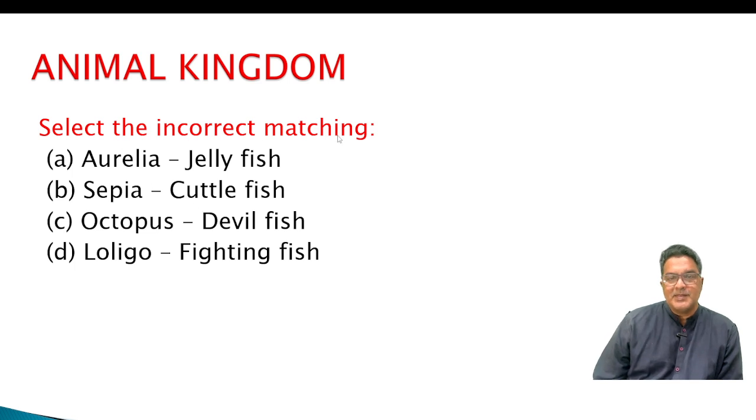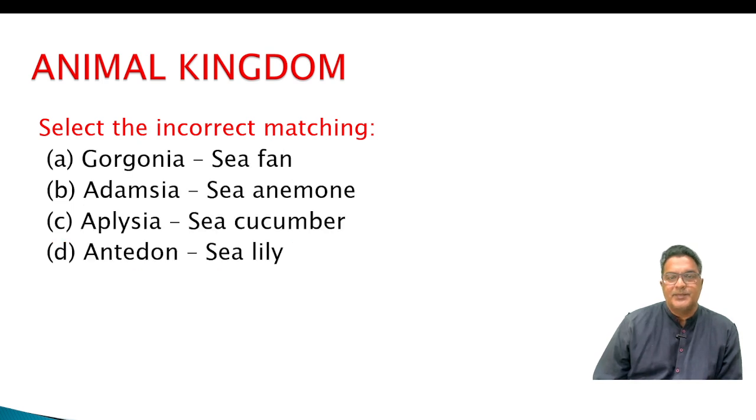Select the incorrect matching. Aurelia, jellyfish; Sepia, cuttlefish; Octopus, devilfish; Loligo, squid. Loligo is squid, so that is correct. Select the incorrect matching. Gorgonia, sea fan; Adamsia, sea anemone; Aplysia; Antedon, sea lily. Aplysia is sea hare. Cucumaria is a sea cucumber.